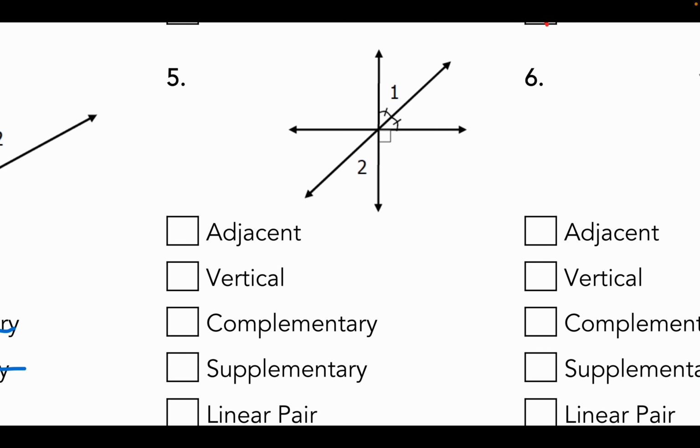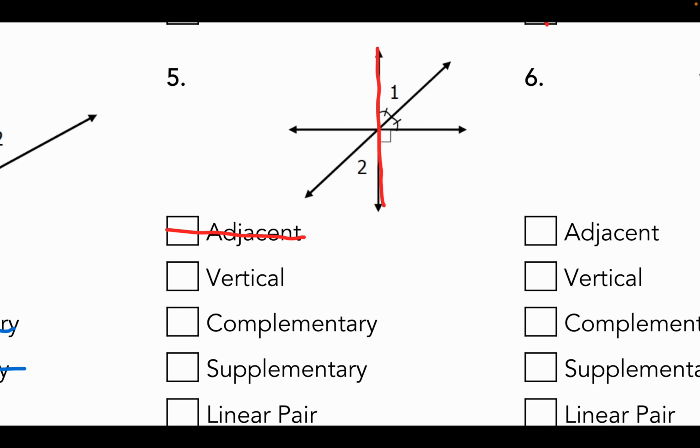Okay, number 5. So in this picture, we know that angles 1 and angles 2 are not adjacent because they don't share a common side. But what we do see is that they are across from each other.